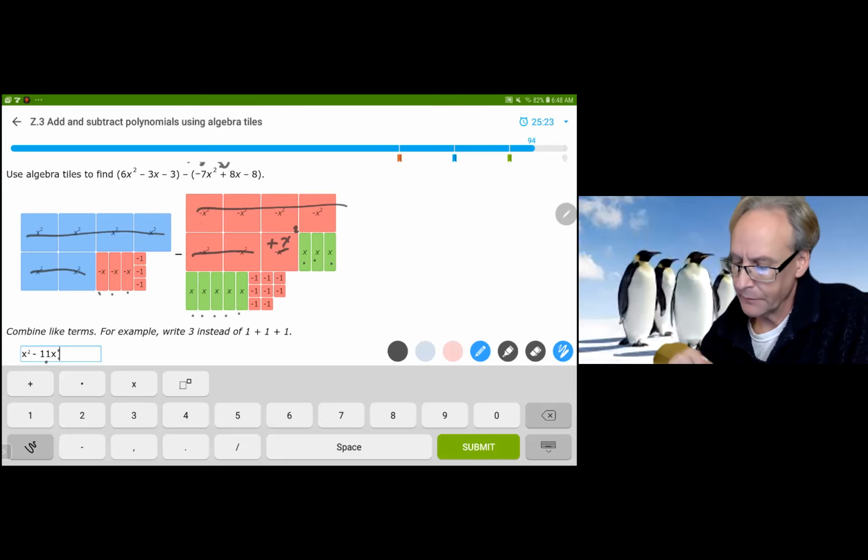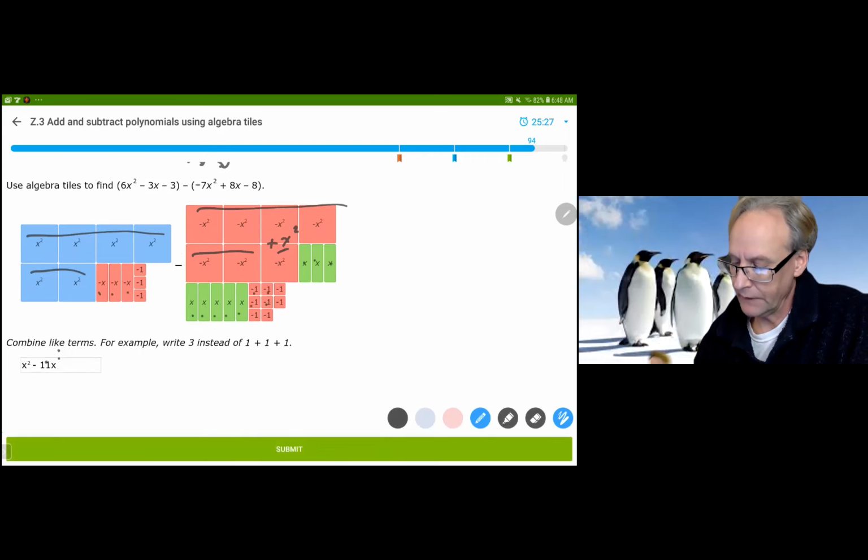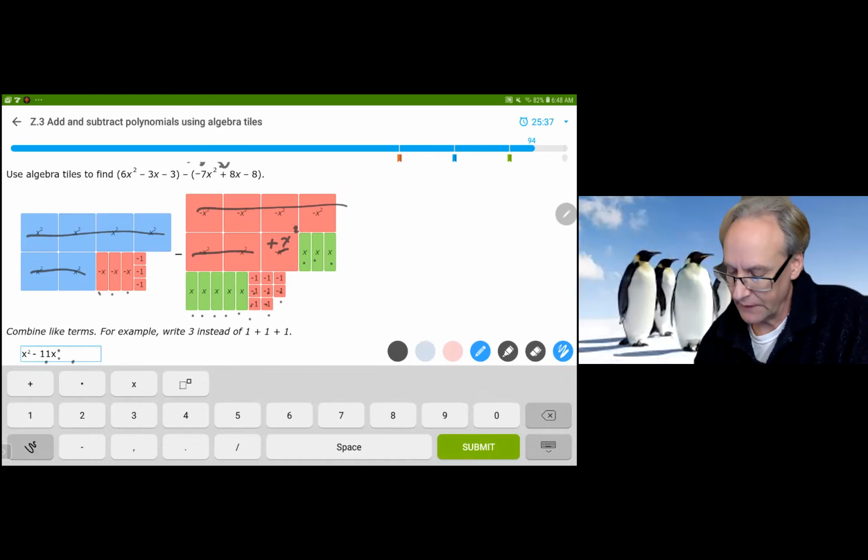There we go. And then we're going to have 1, 2, 3, 4, 5, 6, 7, 8 negatives that change their sign. So I have 8 positives and 3 negatives makes plus 5, doesn't it? Now, of course, I should check my answer since I'm near the end. Let's see.